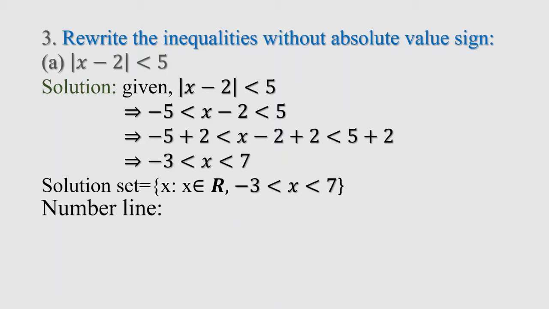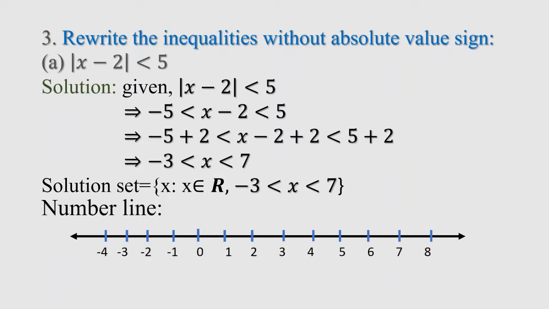If we draw the solution set on the number line, x is greater than minus 3, so mark minus 3, and x is less than 7, so mark 7, and the solution region is this. For all these values of x, the modulus of x minus 2 is less than 5. Okay, clear?